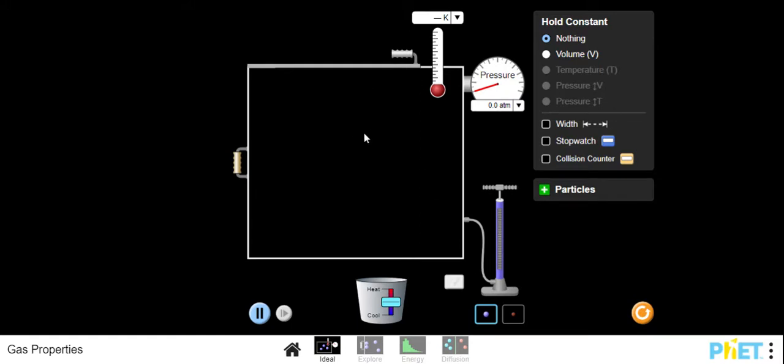So without any particles to be bouncing around and doing their thing, well, temperature is just a measure of the average kinetic energy of particles. If there's no particles, there's no temperature, which is why we have this dash here. We can't really measure the temperature of nothing. We've got to have a temperature of something. Same goes for pressure. Pressure is a measure of force on an area.